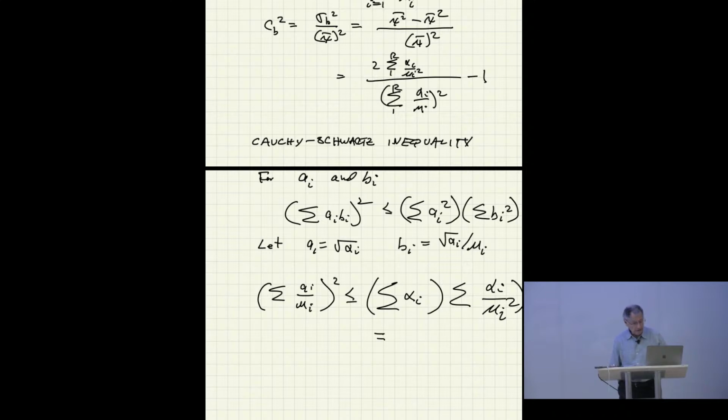And what is the summation of the alpha i's? In our case, it's equal to 1. Those alpha i's are adding up to 1. So this is equal to summation alpha i over mu i squared.